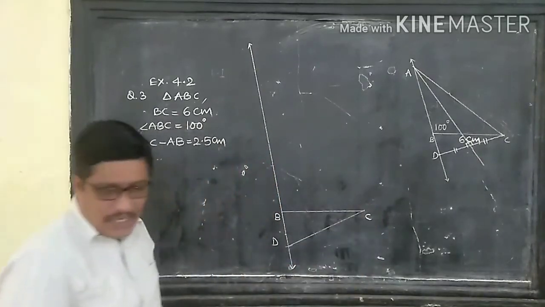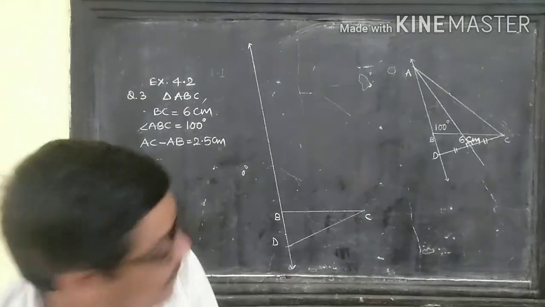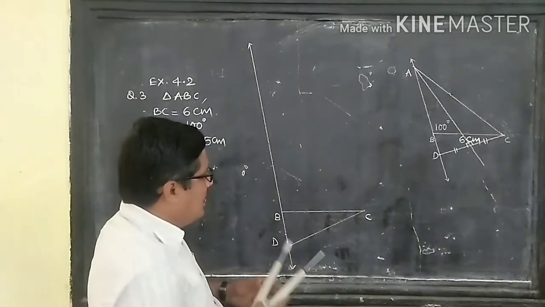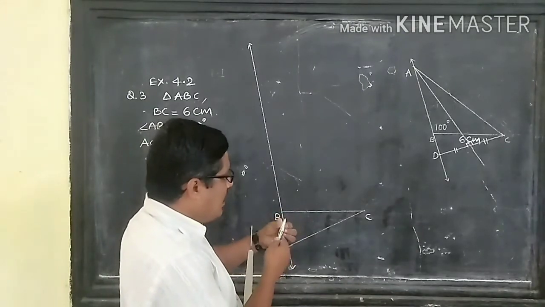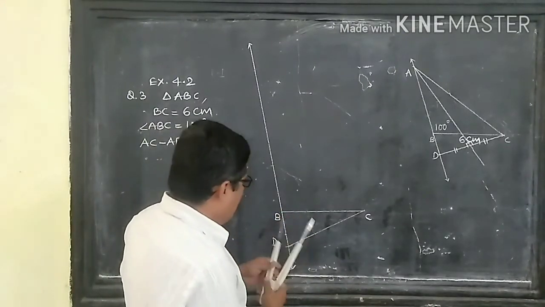We have to draw segment CD. After drawing segment CD, we have to draw the perpendicular bisector of segment CD.